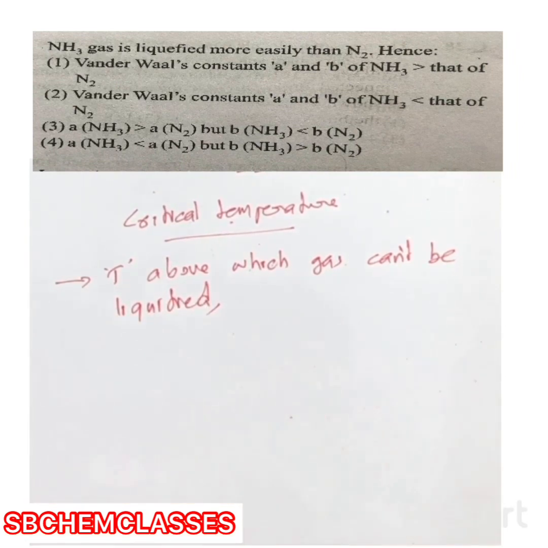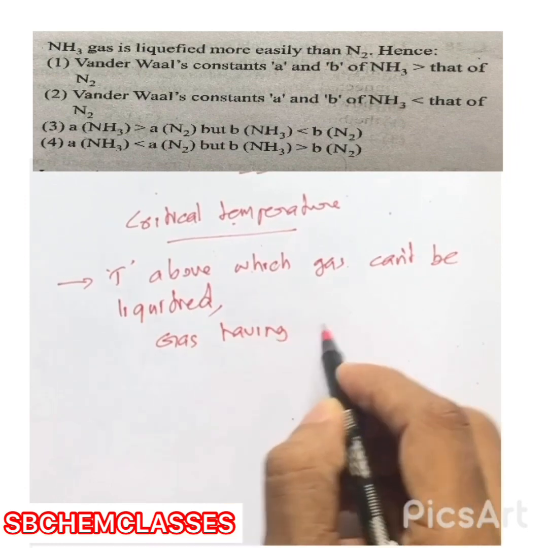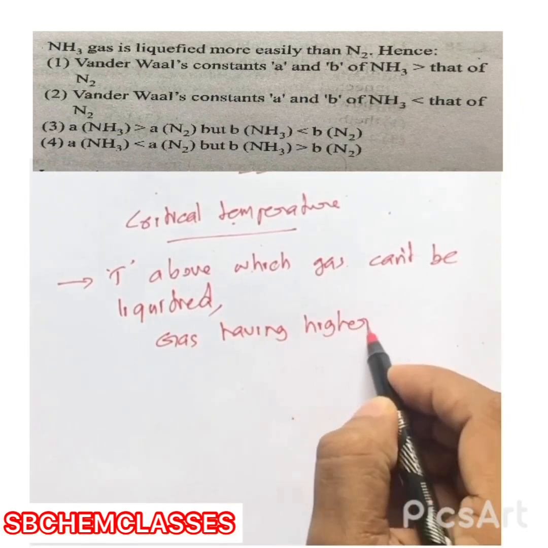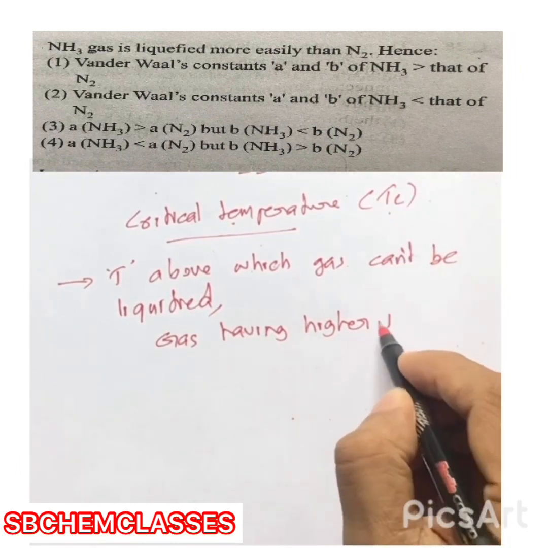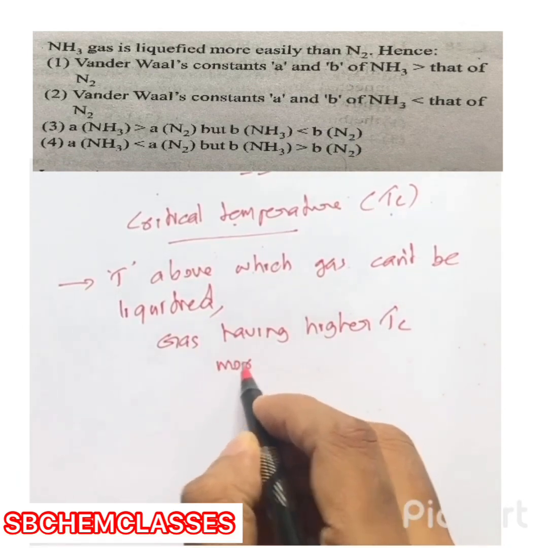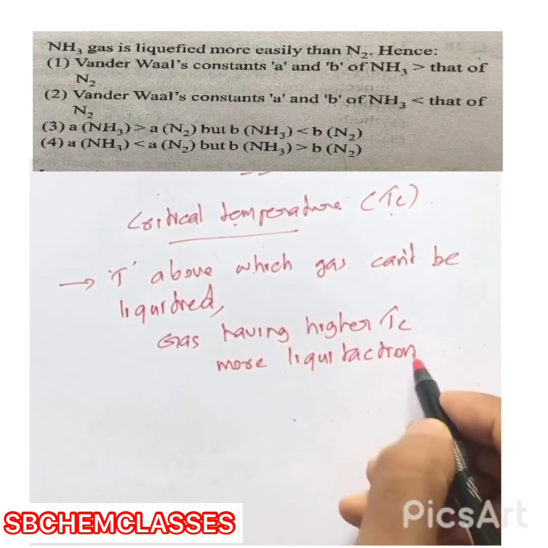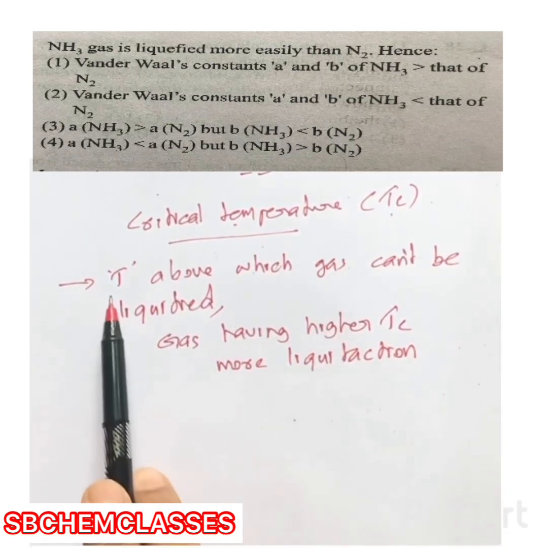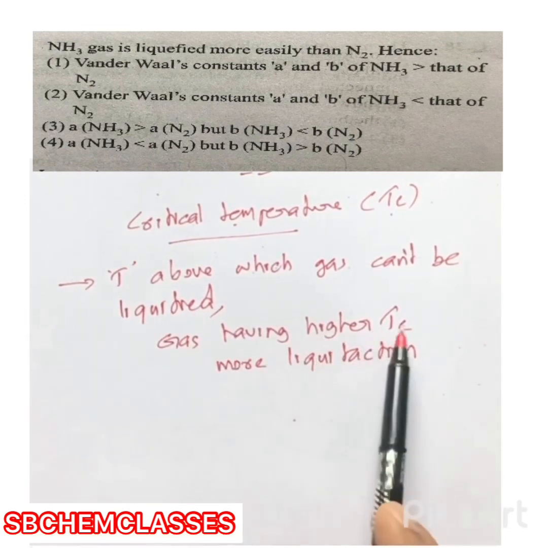A gas having a higher critical temperature, represented by Tc, has more liquefaction tendency. Critical temperature is the temperature above which gas cannot be liquefied, and a gas having higher critical temperature has more liquefaction.